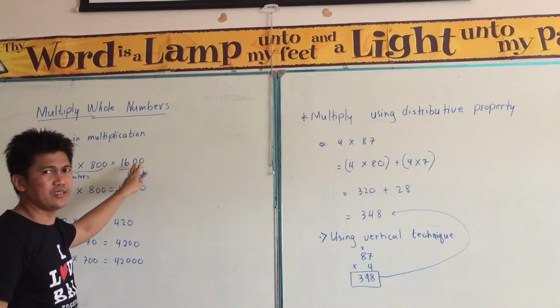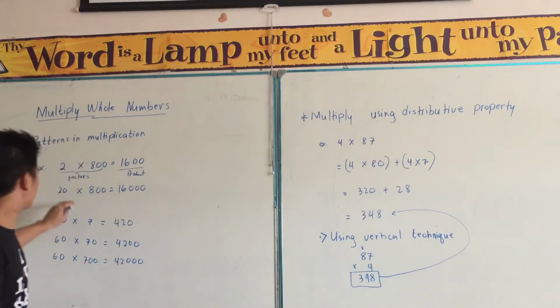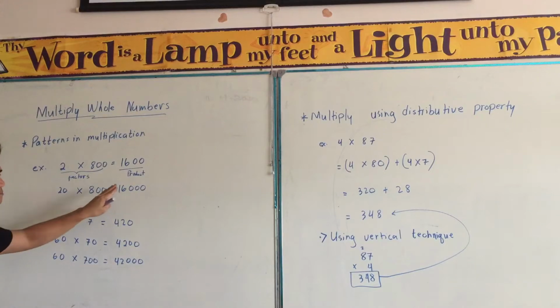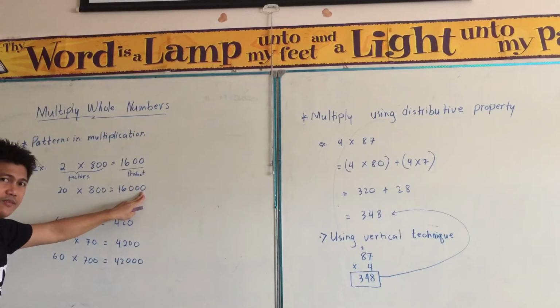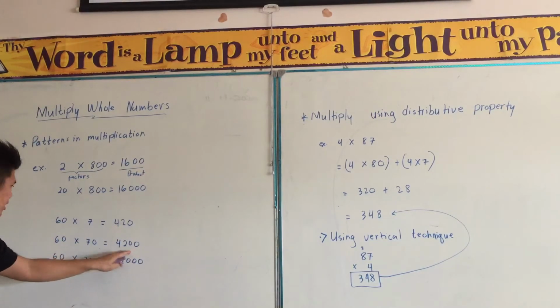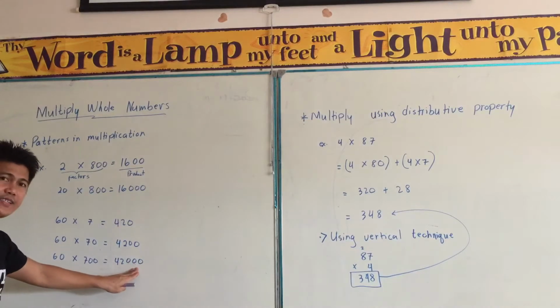That's the answer. Easy, right? Next, if we add 1 zero here, it's the same. Just add 1 zero there. And this one, 6 times 7 is 42. There's 1 zero, so just add the 0 there. If there are 2 zeros, add 2 zeros. If there are 3 zeros, add 3 zeros.